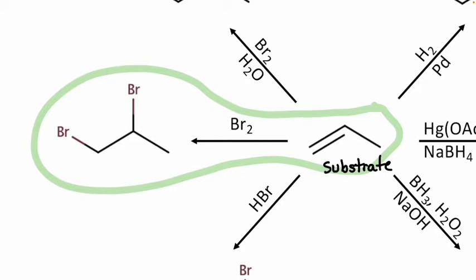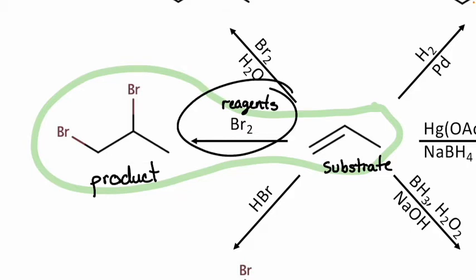The stuff that you're using in your reaction we call the reagents. And the thing that you get on the other side is the product. So our goal by the end of this, probably the beginning of next week, is given an alkene, we're going to be able to predict what the product is given a reagent.